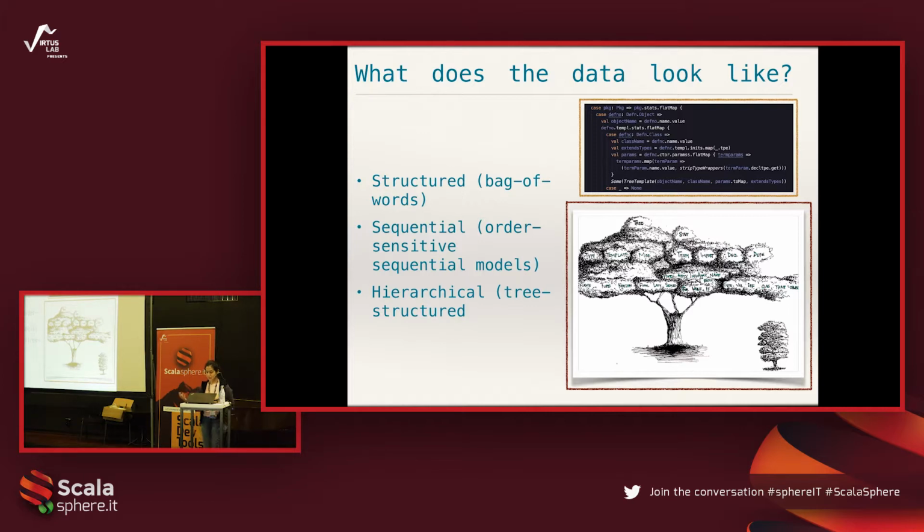So starting with structured data, we have bag of words models, but they assume that pieces of code are independent of each other, which really they're not. And then there are sequence models, which construct concepts and logical representations as an order-sensitive function of a sequence of tokens.